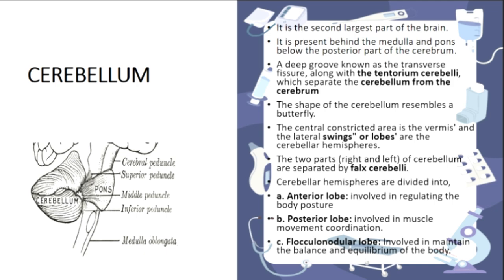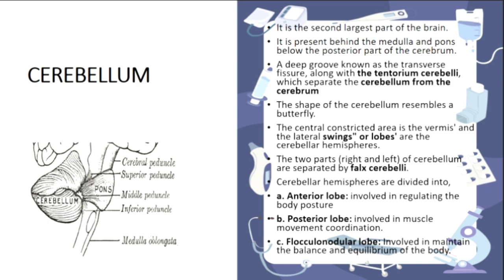It also has lateral wings which are called lobes, like the cerebral hemispheres, and it has two parts, the right and left cerebellar lobes, separated by the falx cerebelli. So, like the cerebrum, the cerebellum also consists of two lobes, the right and left cerebellar lobes, which are divided by the falx cerebelli.